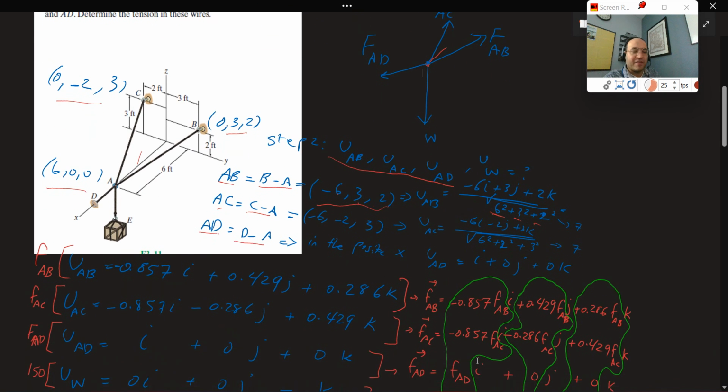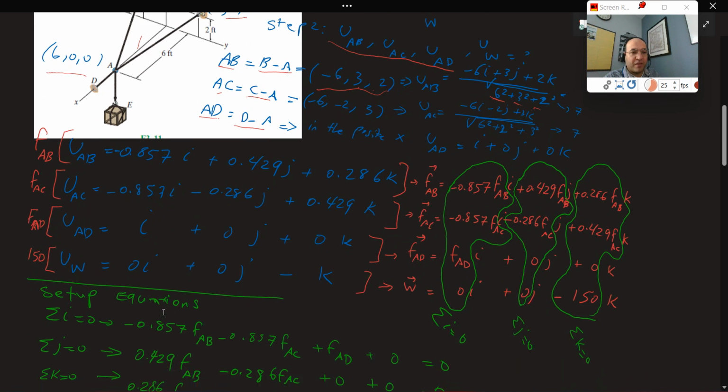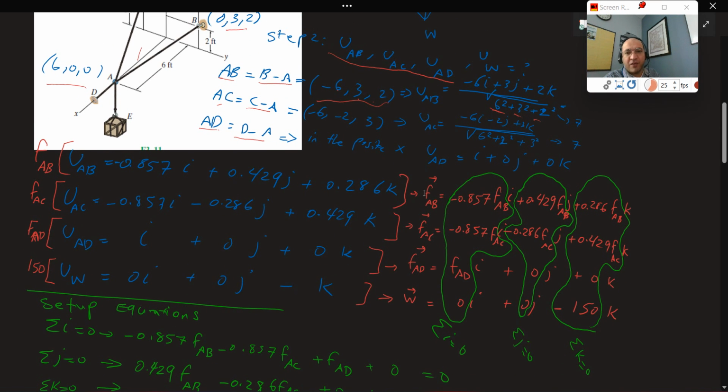Now, in the second step, we don't know FAB, we don't know FAC, we don't know FAD, and then the 150. Remember that in the equation, we can say FAB plus FAC plus FAD plus W is 0. So this plus this plus this is equal to 0 in vector form. The summation of those will be 0.